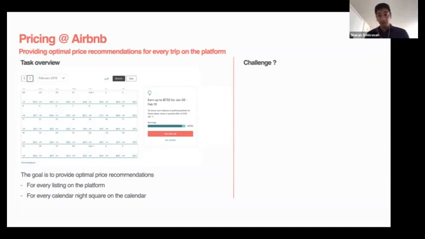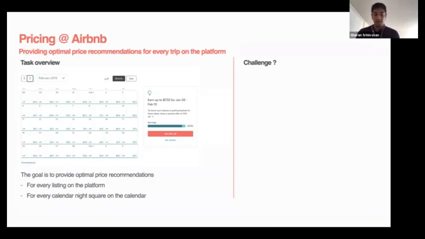This something could be profit, revenue, occupancy, whatever. But the point is that we try to help them optimize for their requirement, not only accounting for how good their listing is, but also playing to the market dynamics outside of the system.